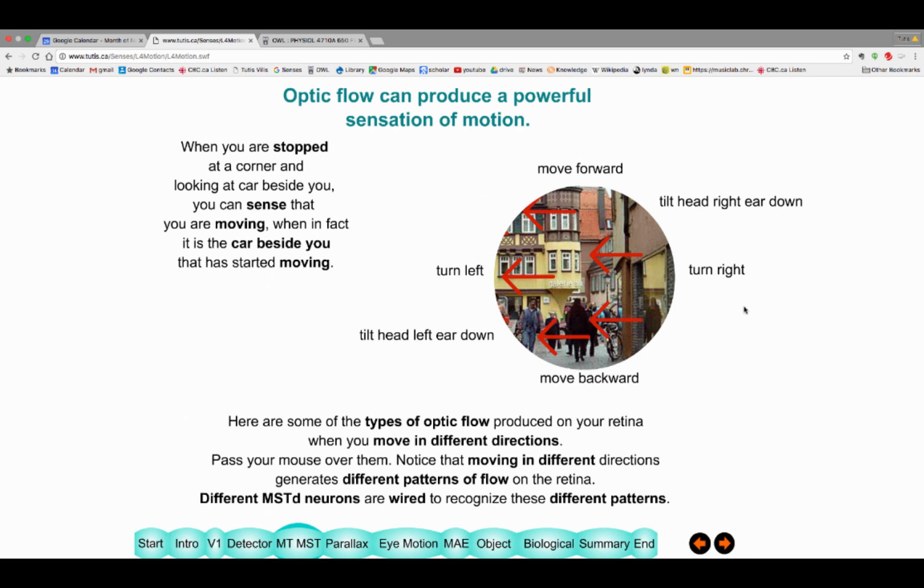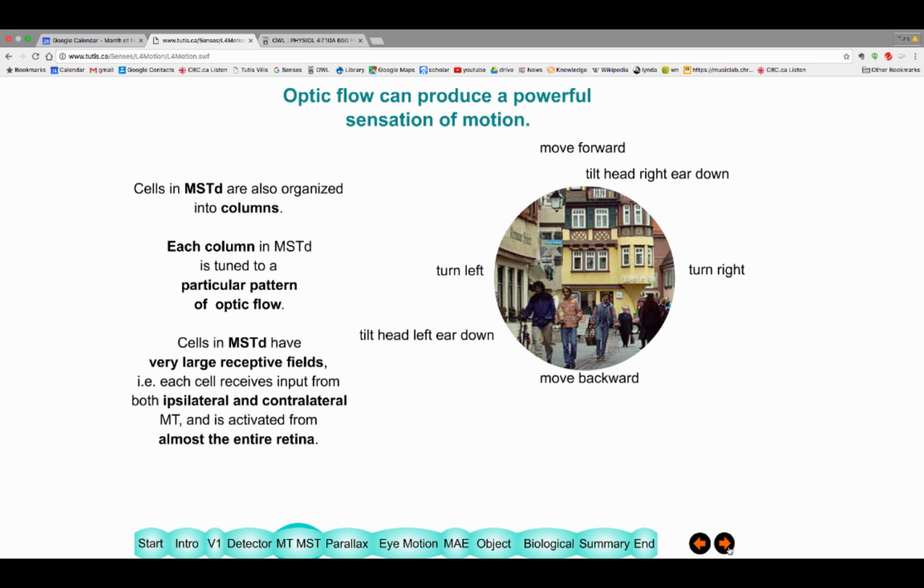So both information from the left and the right are required in these cells to complete the pattern. So in MSTD, you have cells then. One particular cell will code one particular direction. Another different cell will tell you that you're moving in another direction, and so forth.